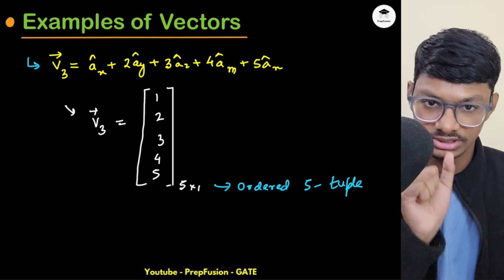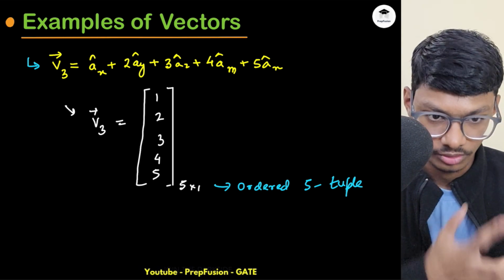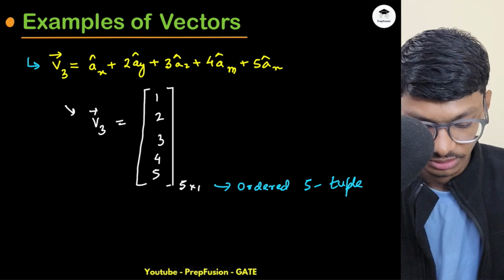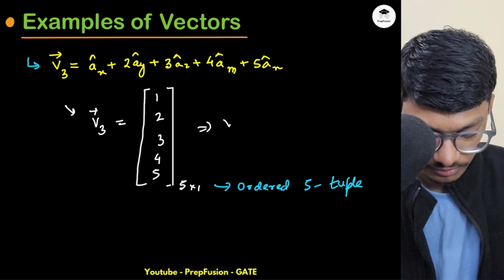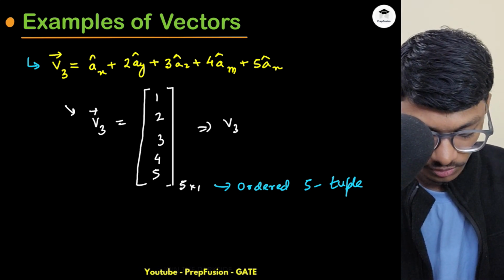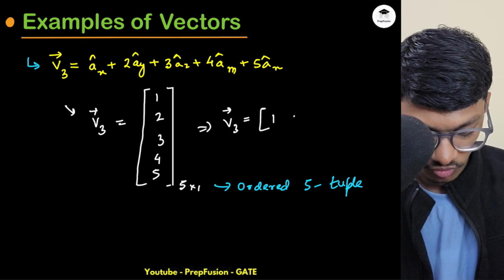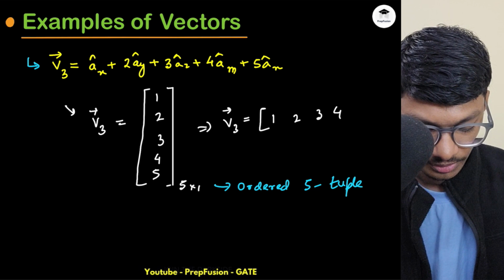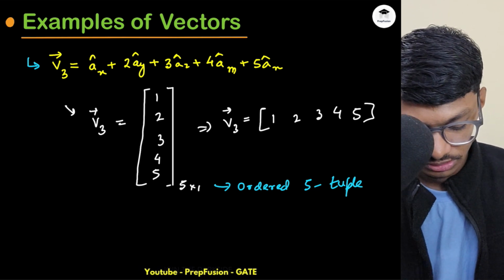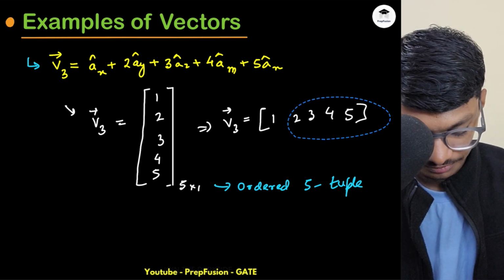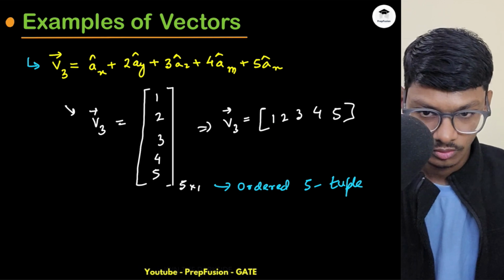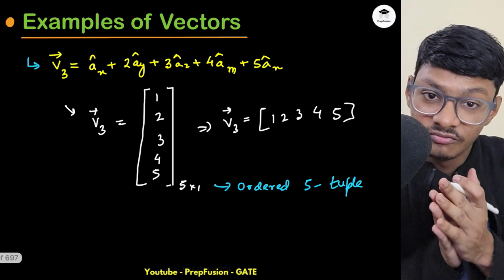So elements are 5 and it will be a tuple, as they are not changeable. I can write this in column format also, same thing. Vectors can be represented in both column and row format. Slowly I am making you comfortable with the terminologies, then we'll go to much deeper concepts. So yeah, these were the vectors.